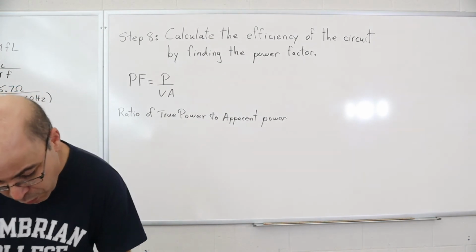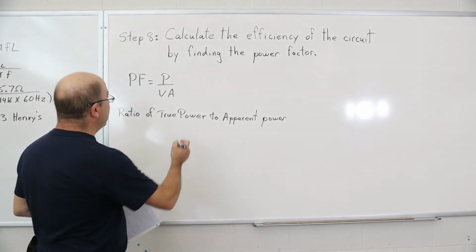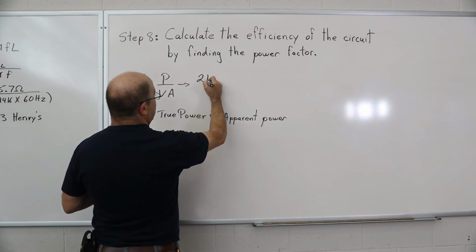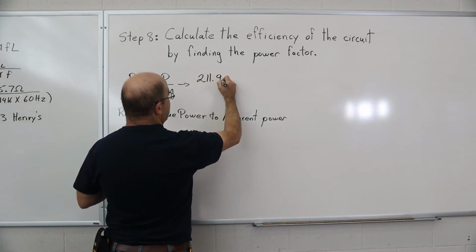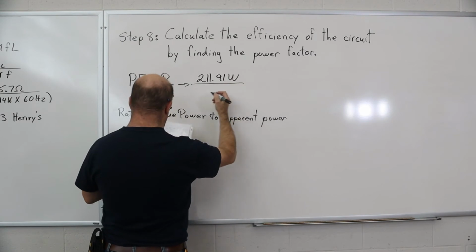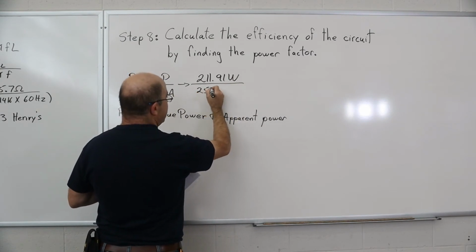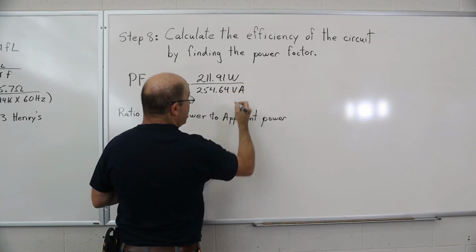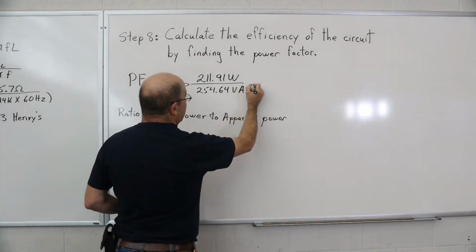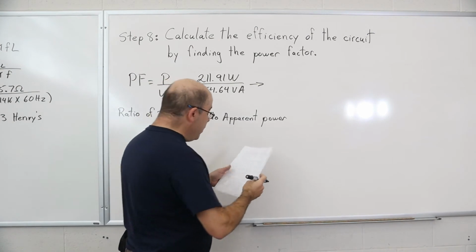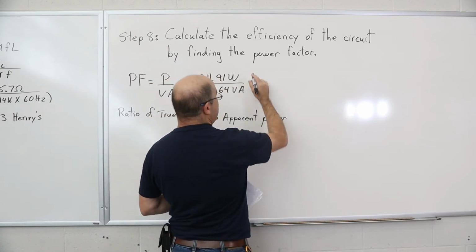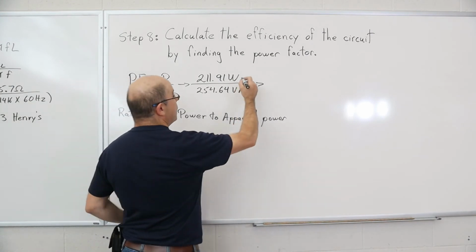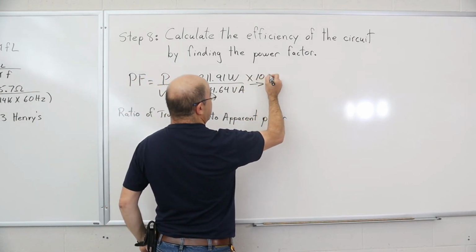Put in the values that we've calculated, and that would be 211.91 watts divided by the 254.64 VA we had just calculated. And because power factor is expressed as a percentage, we're also going to have to multiply this by 100.